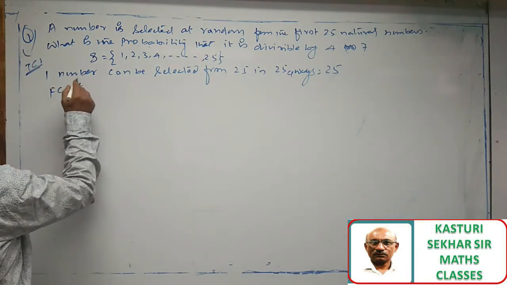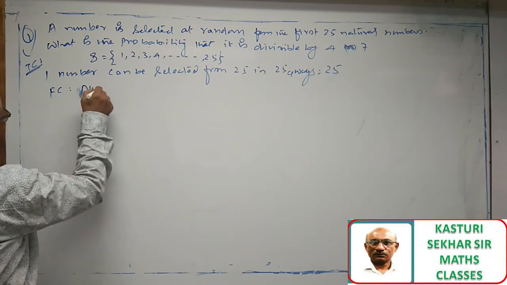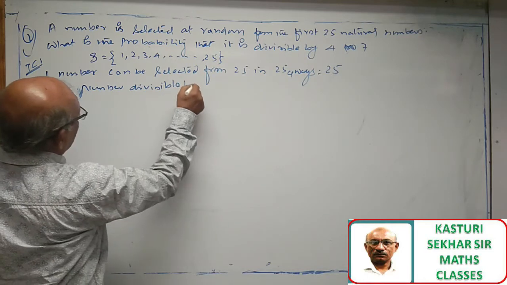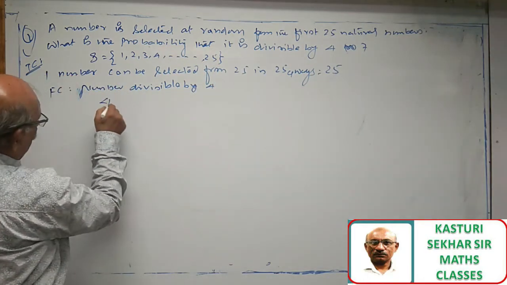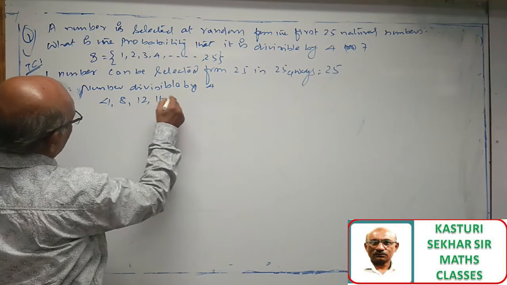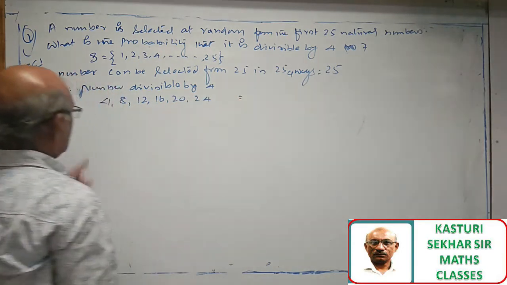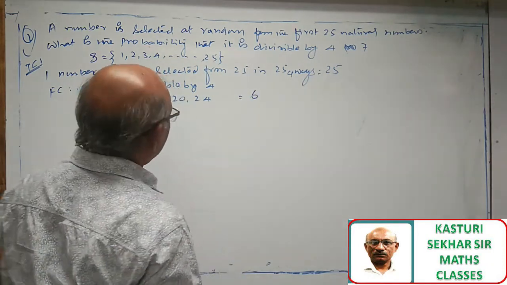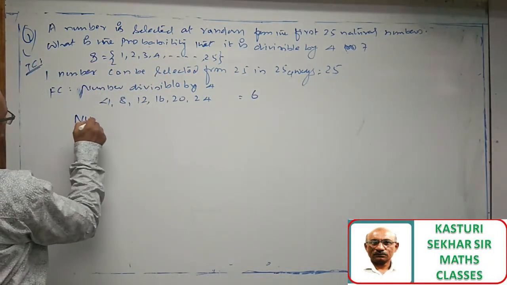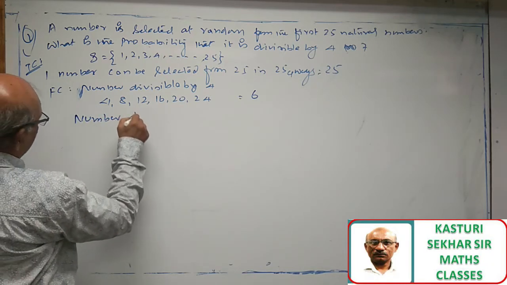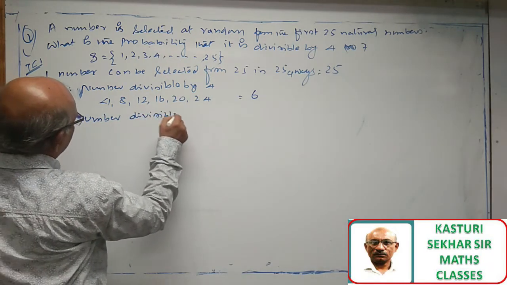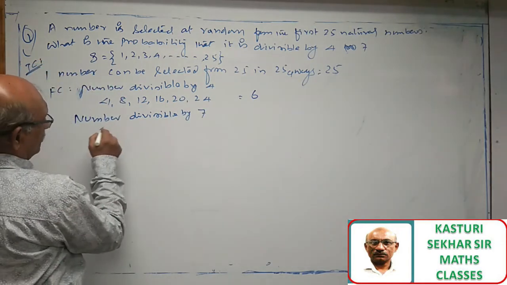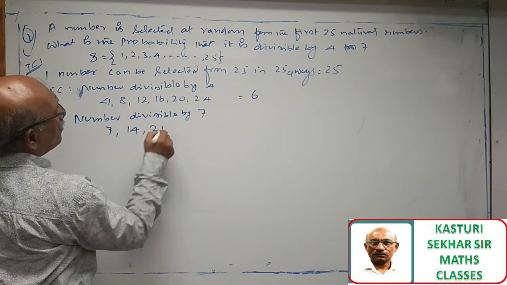Favorable cases for number divisible by 4. So 4, 8, 12, 16, 20, 24. 1, 2, 3, 4, 5, 6. 6 numbers are there. Number divisible by 7, sir: 7, 14, 21.